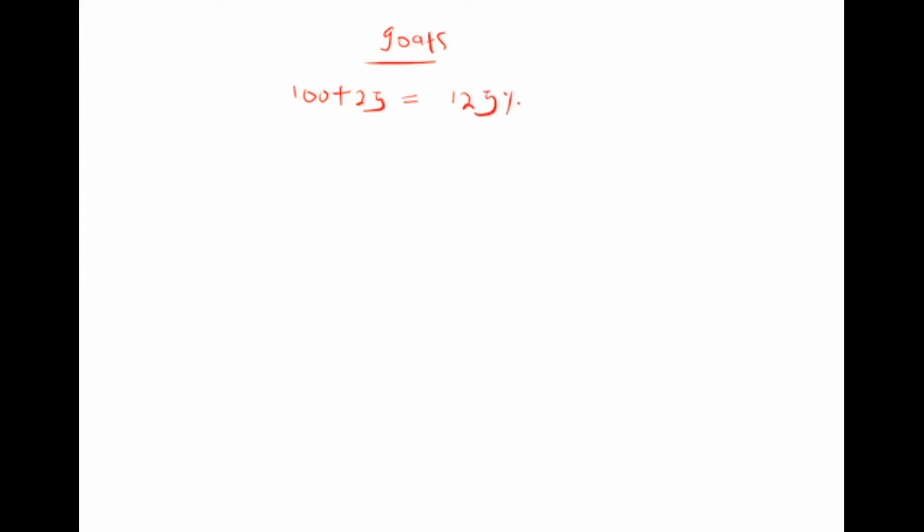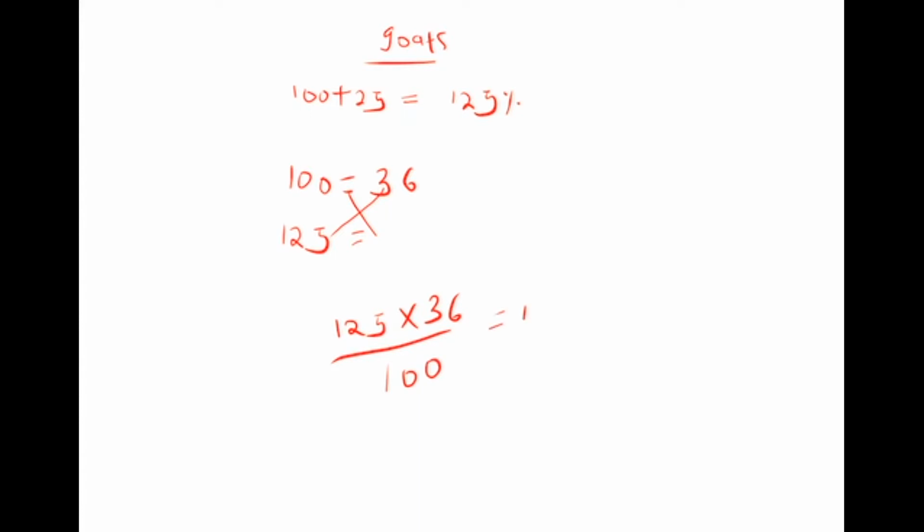Therefore, 100% is equivalent to 36, the number of goats. What about 125%? We cross multiply. We have 125 times 36 over 100. After simplifying, we get 45. So the number of goats was 45.